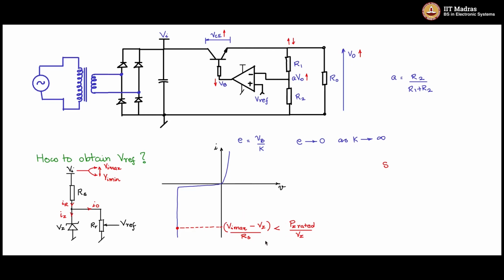So when we are trying to figure out this equation, keep in mind, whenever you select a component like a Zener diode or any other component for that matter, select the component such that the operating stress, it could be current, voltage, power, anything, should be less than 75% of the rated stress.